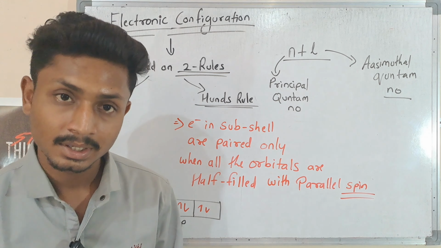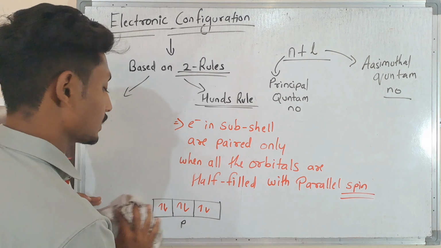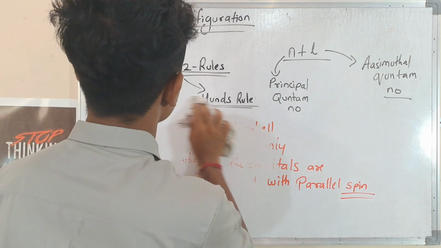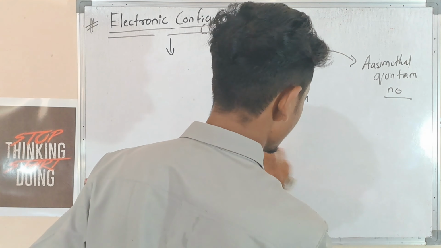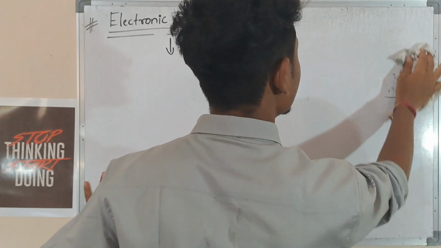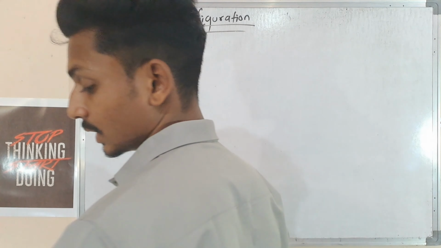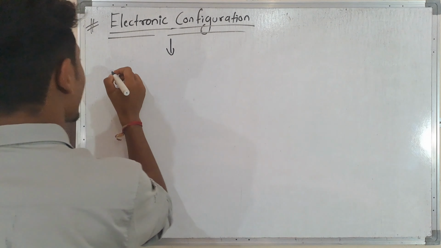Understand? Let's solve atomic numbers 1 to 15 with electronic configuration.